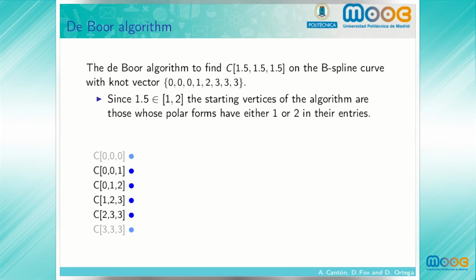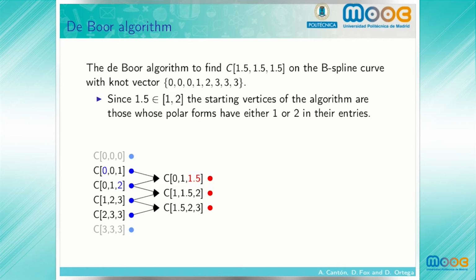The first observation is that since 1.5 lies between 1 and 2, these 2 entries of the knot vector, the starting vertices of the algorithm are those whose polar forms have either 1 or 2 in their entries. So we don't need to use the first control vertex of the B-spline curve nor the last control vertex of the B-spline curve for this situation. In other cases, we'll use either one.